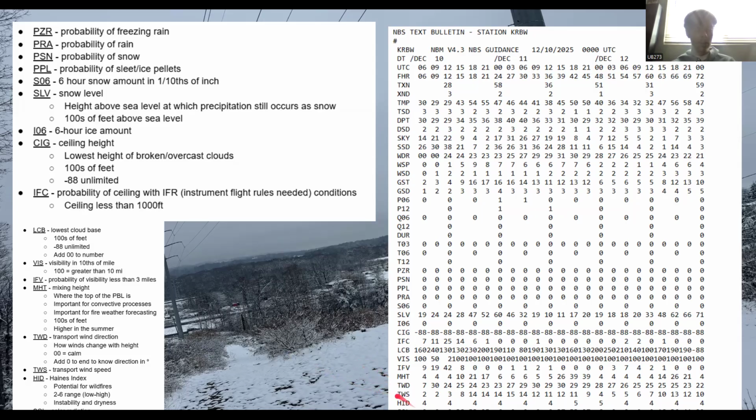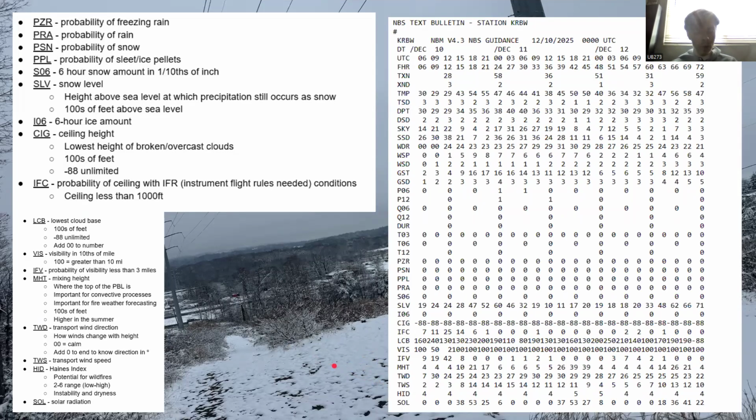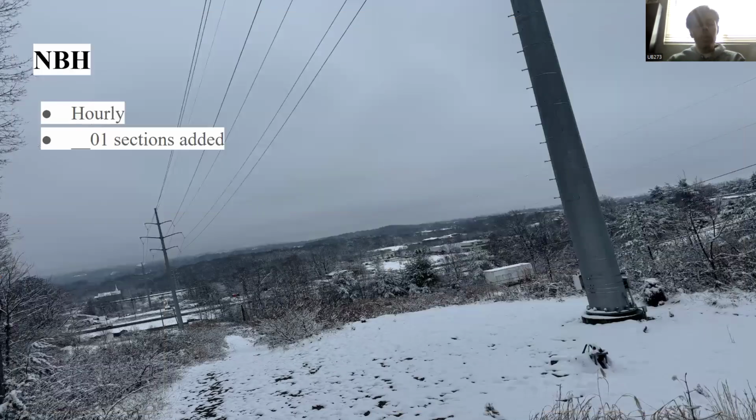So slightly higher values here, 4, 4, 4, 5, help to represent or detect instability and dryness. Now that's kind of being blocked, but the last thing is SOL, which is solar radiation. All right, so that's everything.